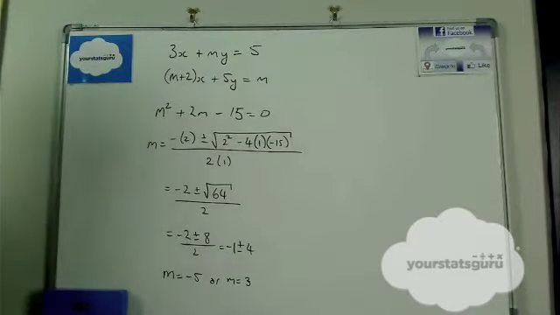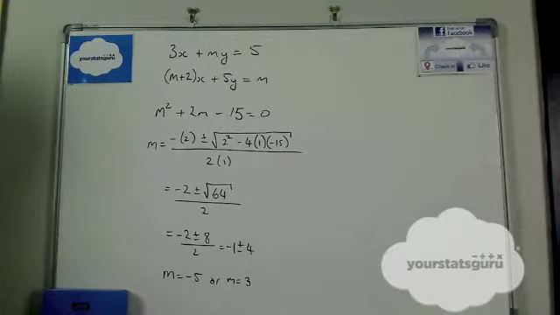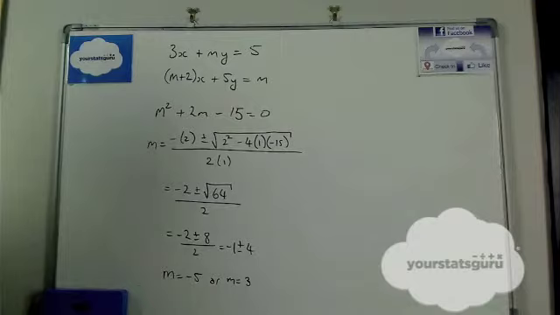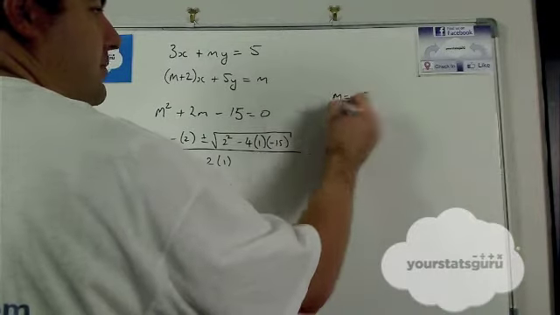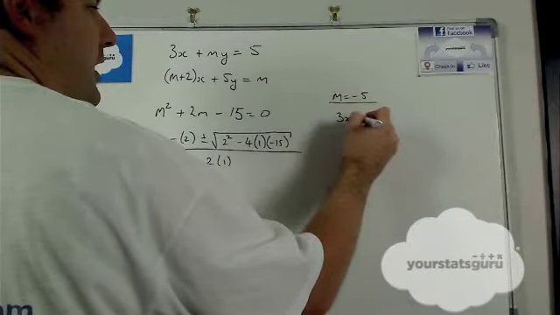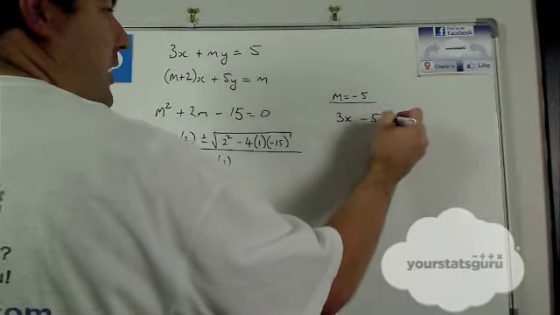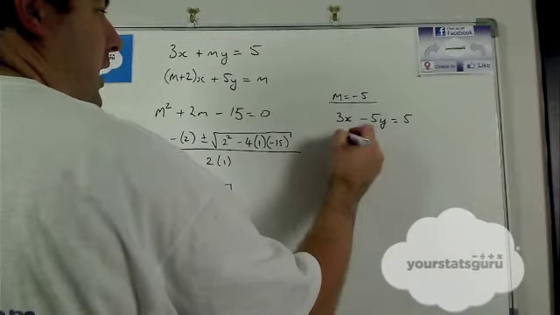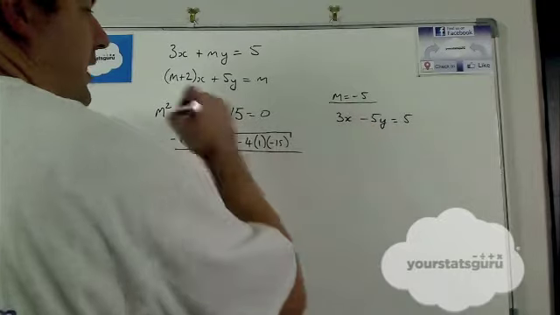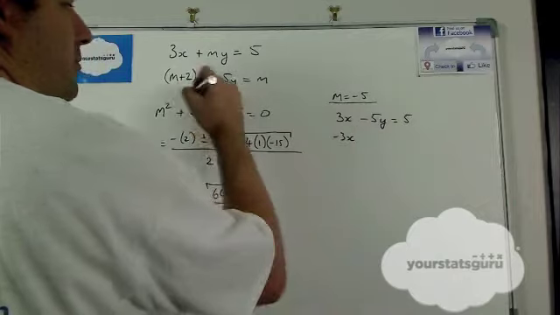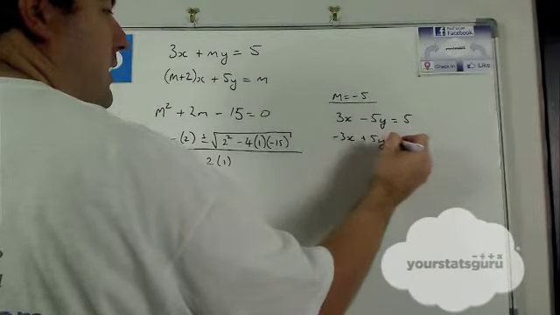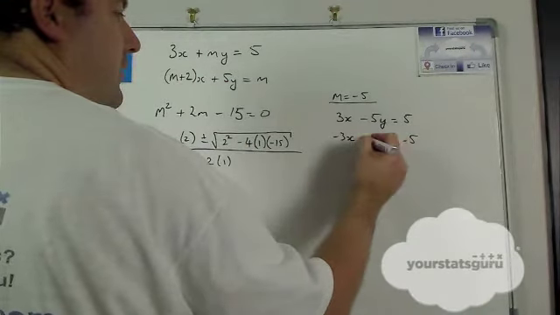Now what we need to do is see what these values mean. Well, if we write out the equations using the solution m equals negative 5, so we'll start with that one, m equals negative 5 would give us 3x minus 5y equals 5, and negative 5 plus 2 is negative 3, plus 5y equals negative 5.